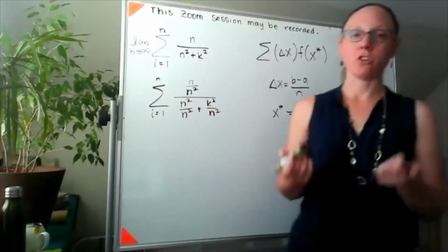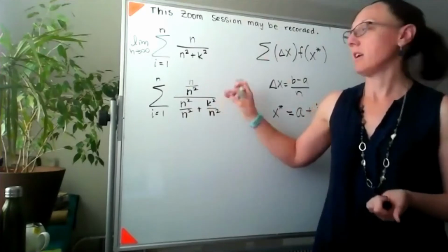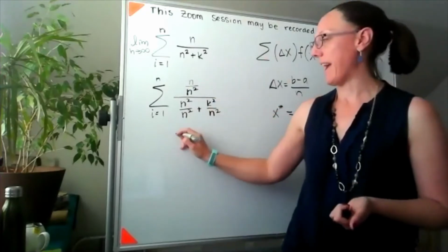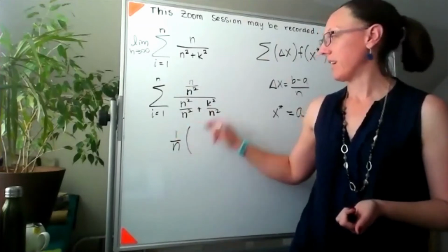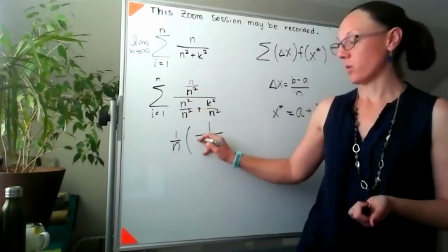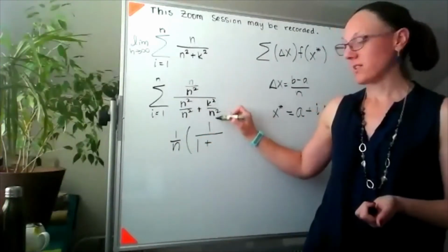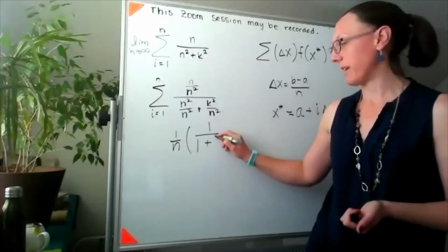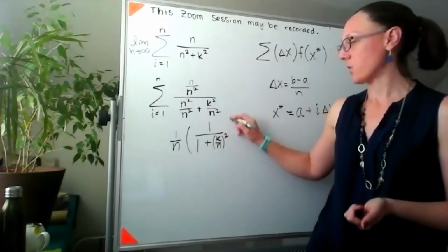If we simplify each of these parts, that n over n squared is going to turn into 1 over n, which I'm going to just pop down here in front. Then I'd have a 1 on top. N squared over n squared is 1. And I squared over n squared, I could rewrite to say I over n, squared.